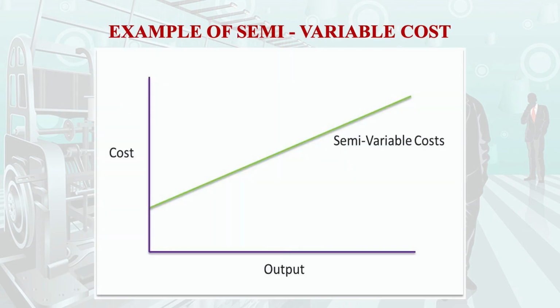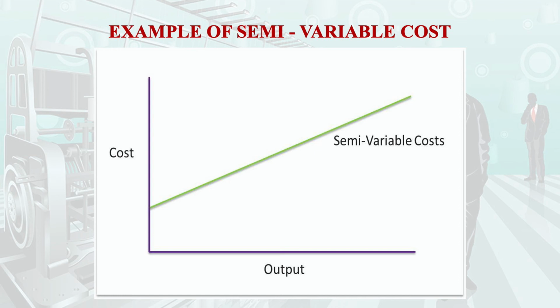Now I will show you with the help of a graph what is semi-variable cost. You just see that in case of variable cost, the line was originating from the origin, while in case of semi-variable cost, it is starting on the y-axis after a certain portion.